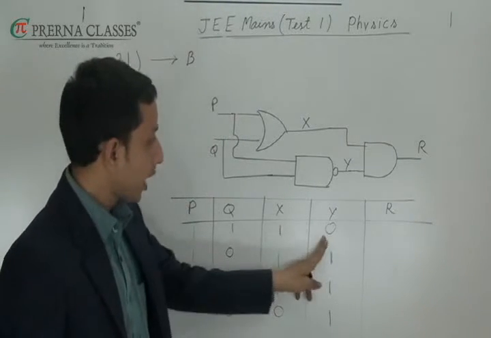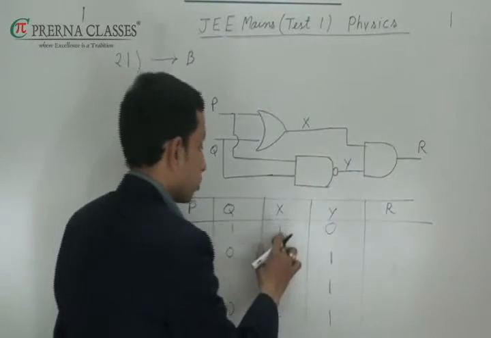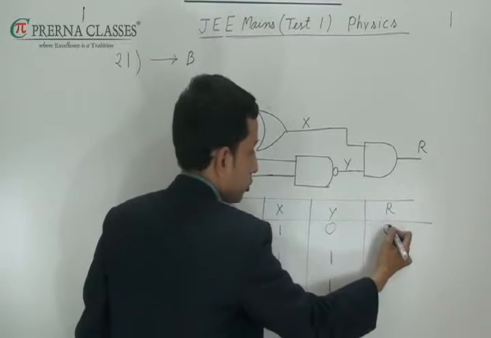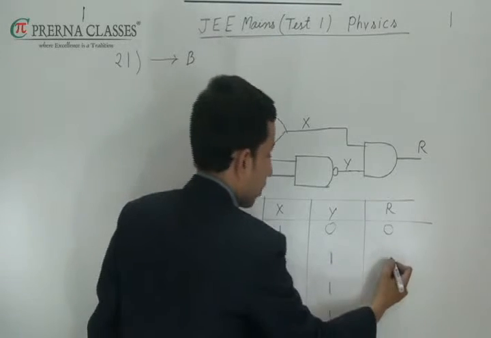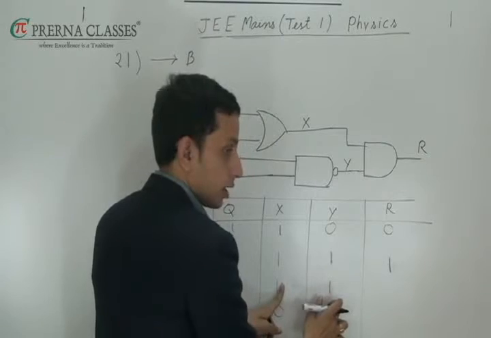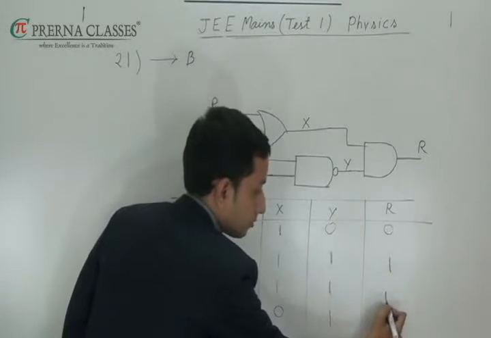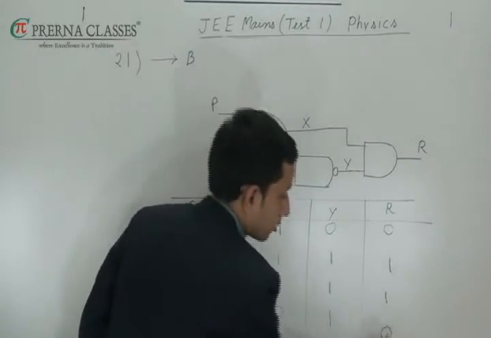Now X, Y inputs are given to the AND gate. So 1 and 0 input will give 0 output for the AND gate. 1 and 1 input will give 1 output for this AND gate. 1 and 1 input will give 1 output. 0 and 1 input will give 0 output.